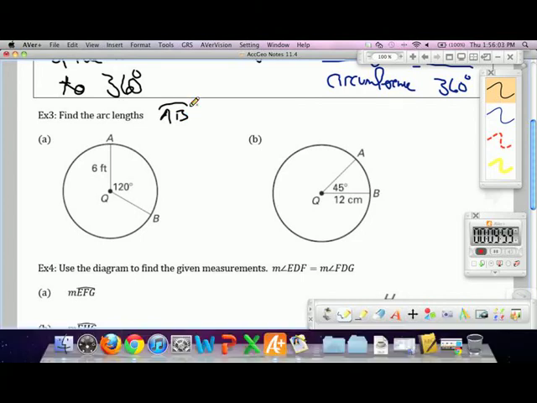From our theorem, we know that the arc length of AB divided by the entire circumference of this circle, well, the circumference of this circle is what? 2 times pi times 6, the radius, is going to be equal to the degree measure of this arc, which is 120, over the degree measure of this entire circle, which is 360.